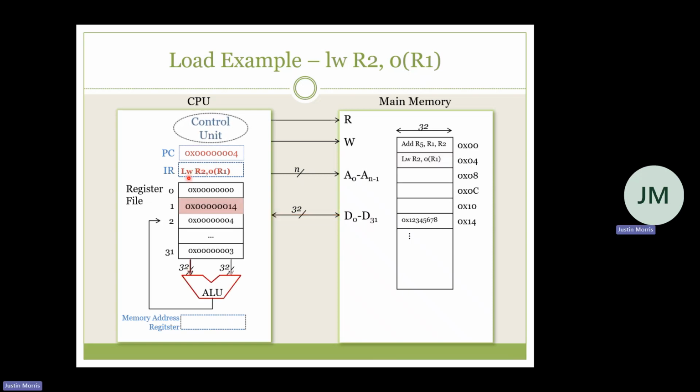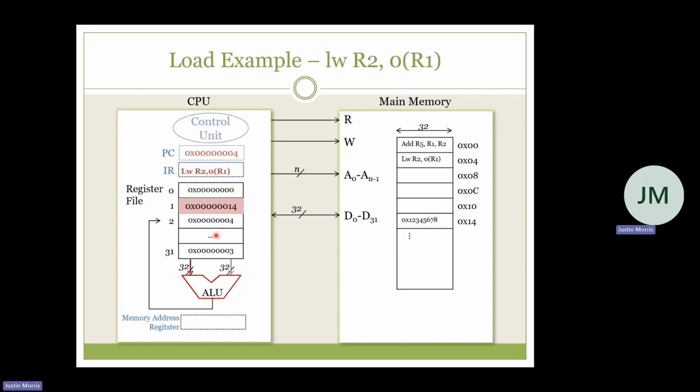Then from the instruction register, we have some data path logic that will decode this instruction and tell us that we need to read from register R1, the base address, calculate the full address, which is R1 plus 0 in this case, and then get that memory location out of main memory and put it into register R2.